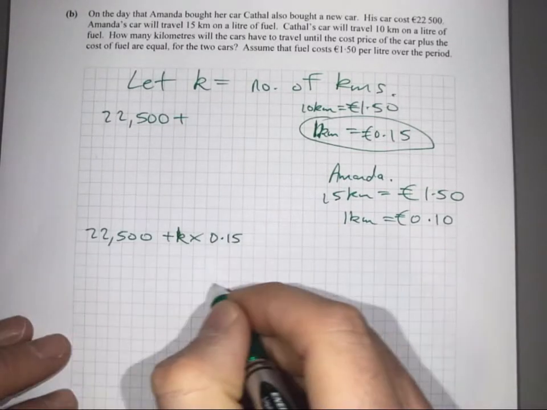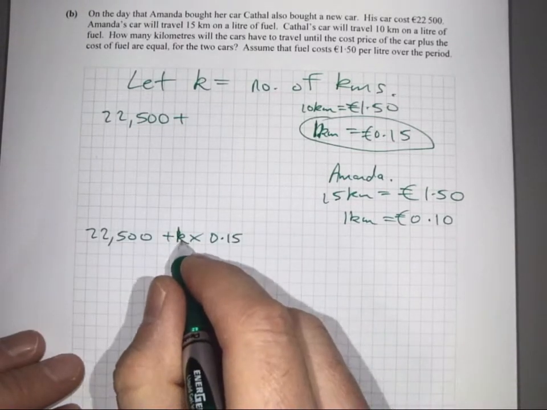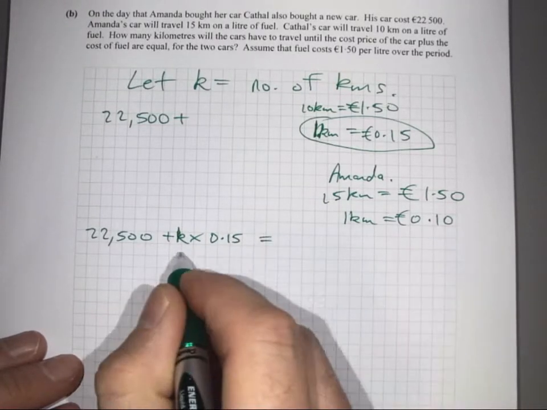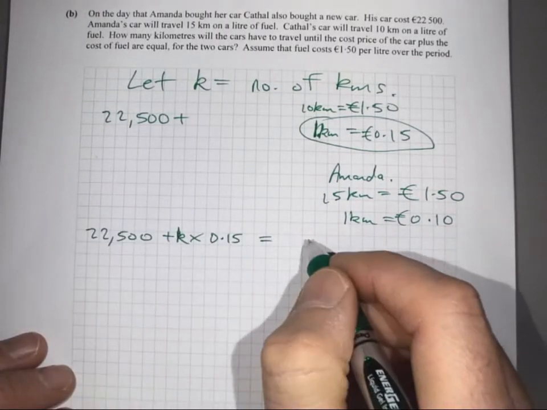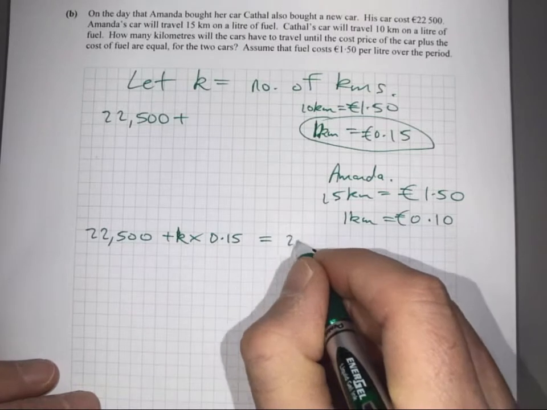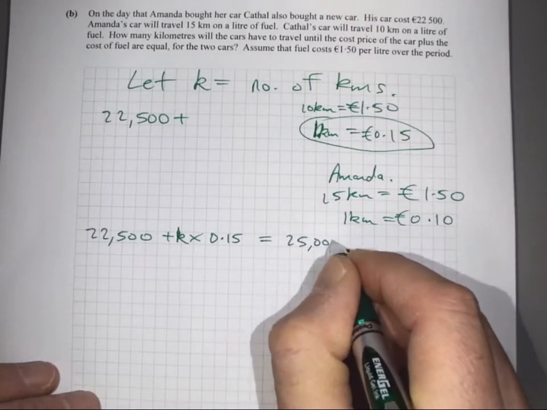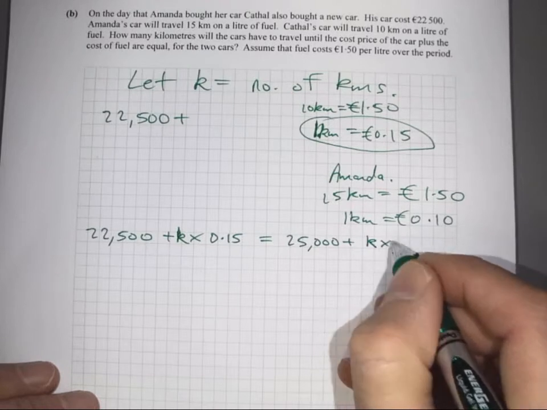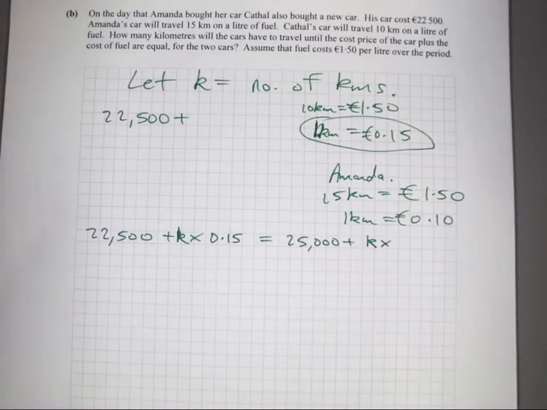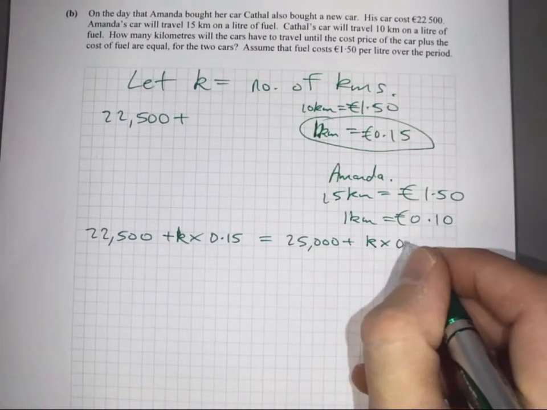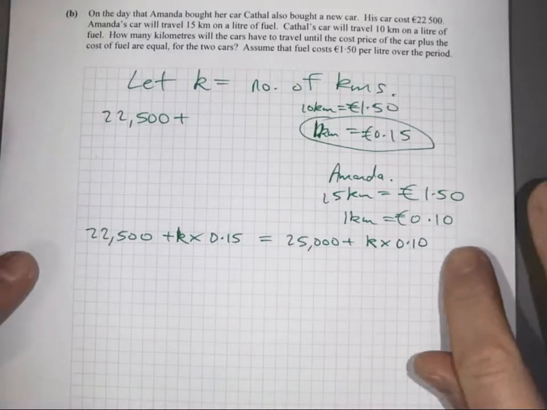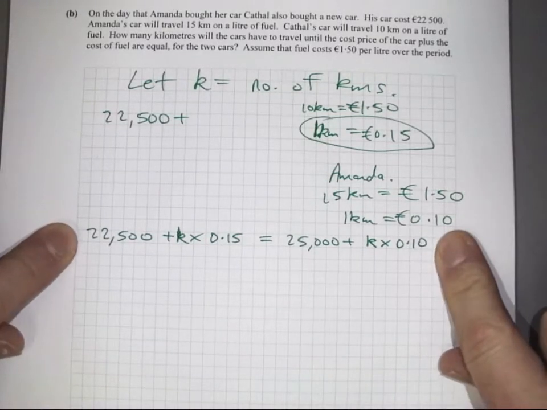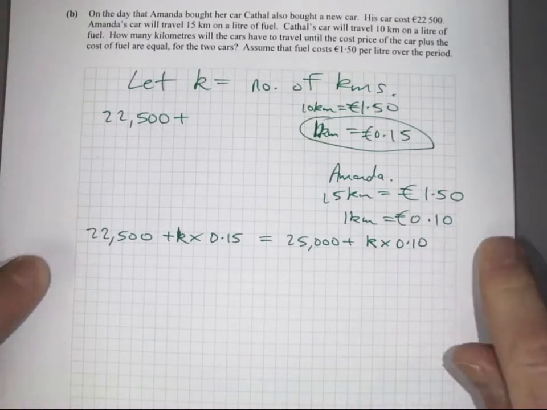We don't know the number of kilometres yet, but we know that this total figure will equal the price of Amanda's car, which is 25,000, plus the same number of kilometres, but this will be multiplied by, for Amanda each kilometre will be cheaper, so it will be 0.10. And now we have our equation, and now we can just tidy this up and solve for k.